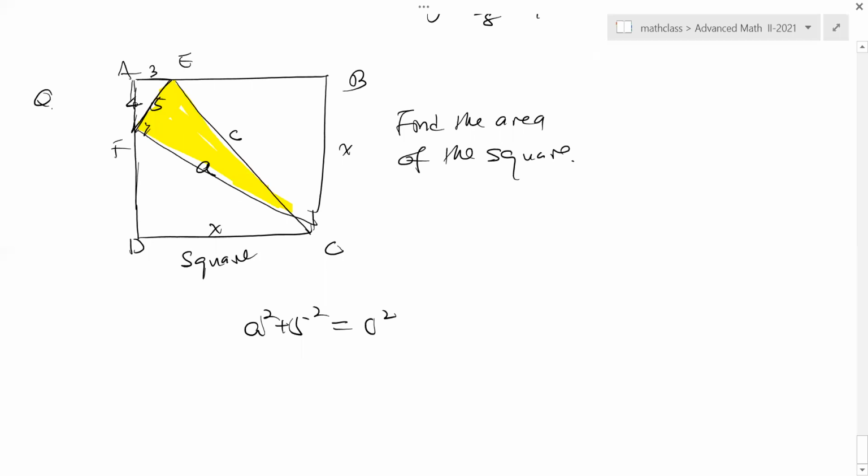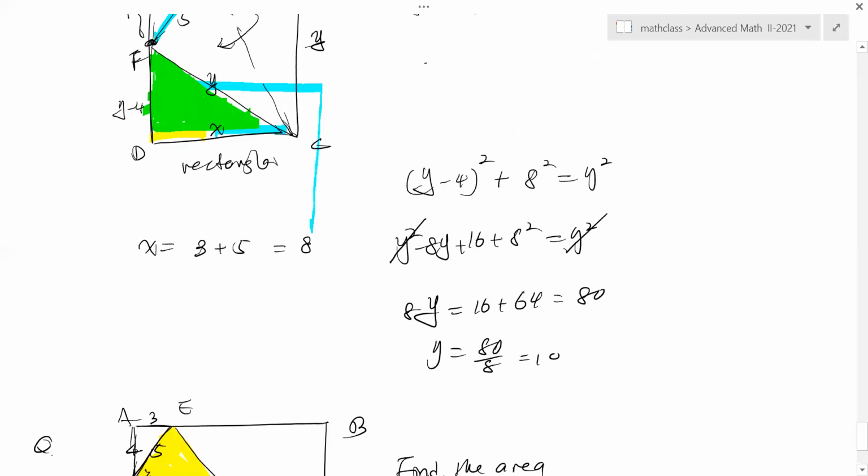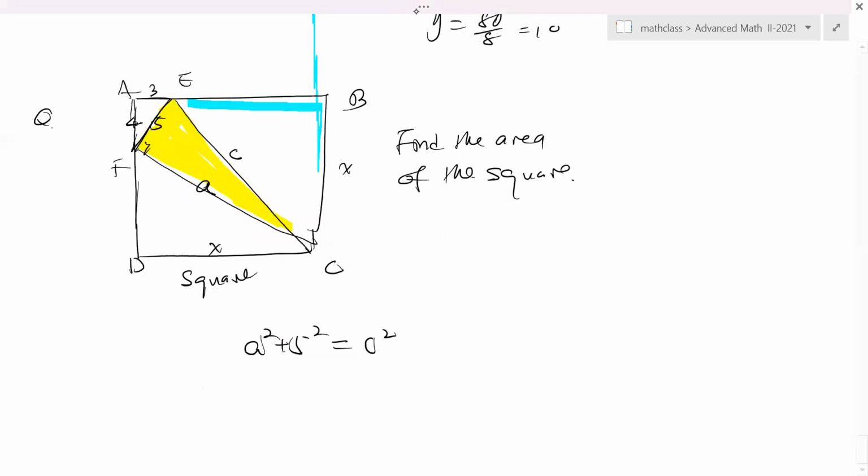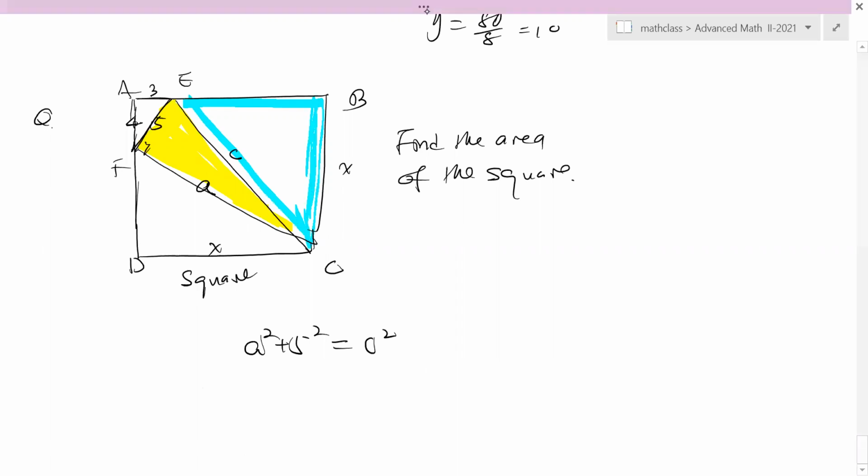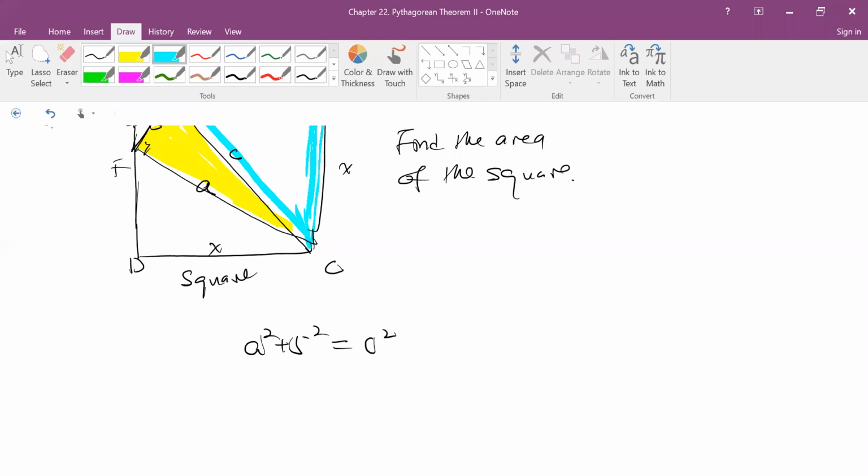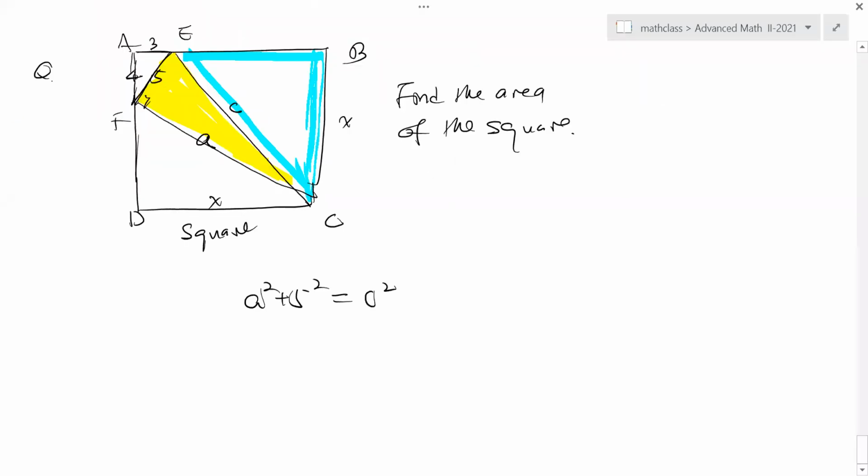Now how about this triangle? This is also a right triangle, so apply the Pythagorean theorem to this triangle.